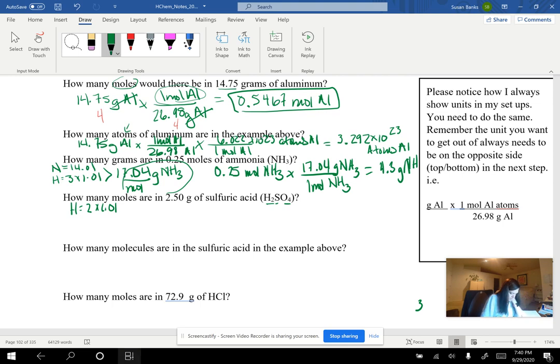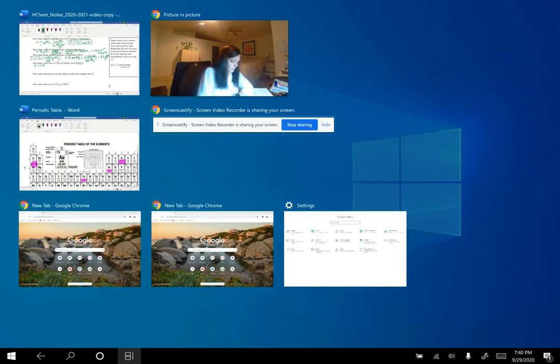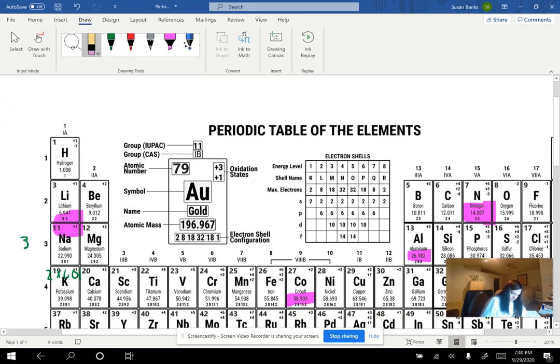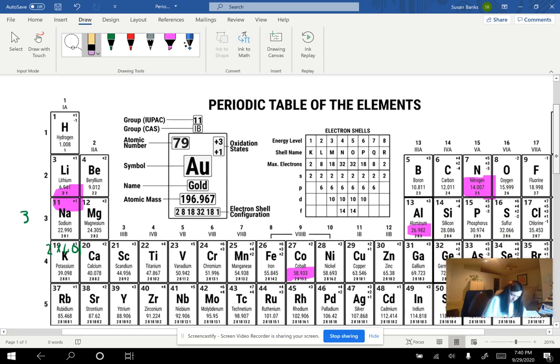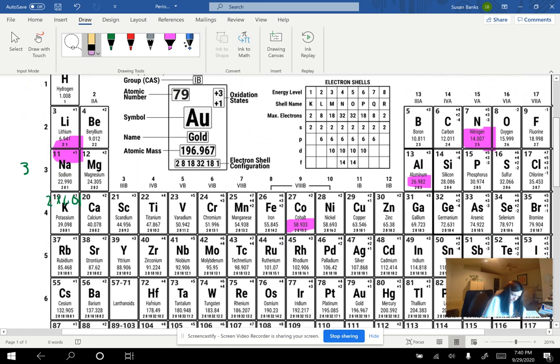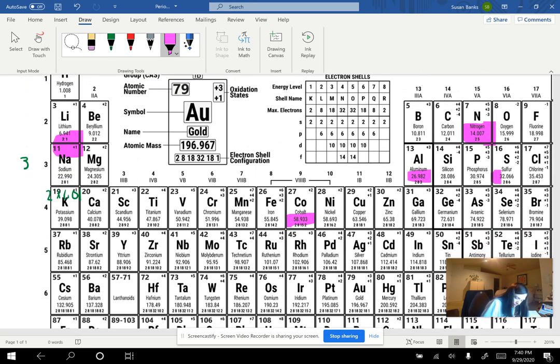Sulfur, let's look up sulfur and let's look up oxygen really quick. Okay, sulfur's right here. It is 32.066.